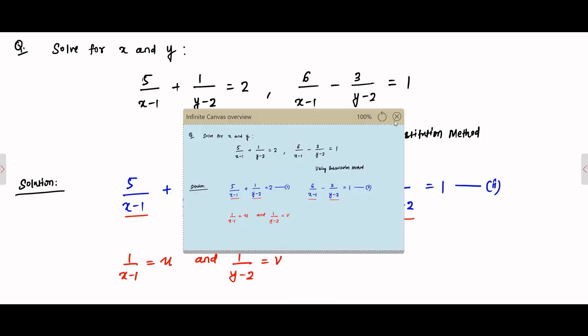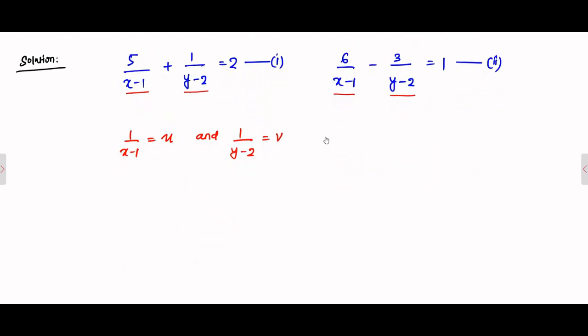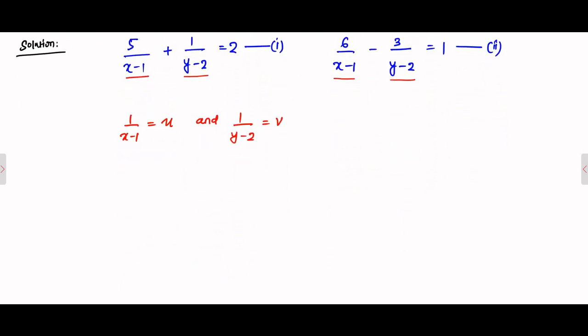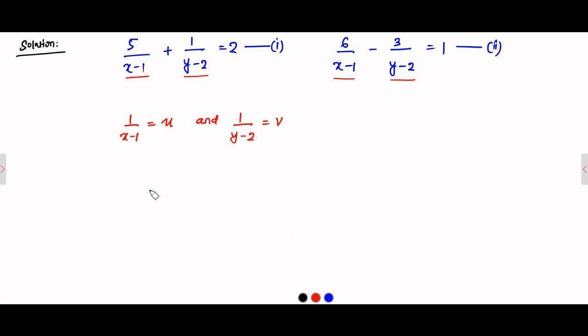So now we'll make these changes in equations 1 and 2. We will have 5u plus v is equal to 2, which will be equation 3.